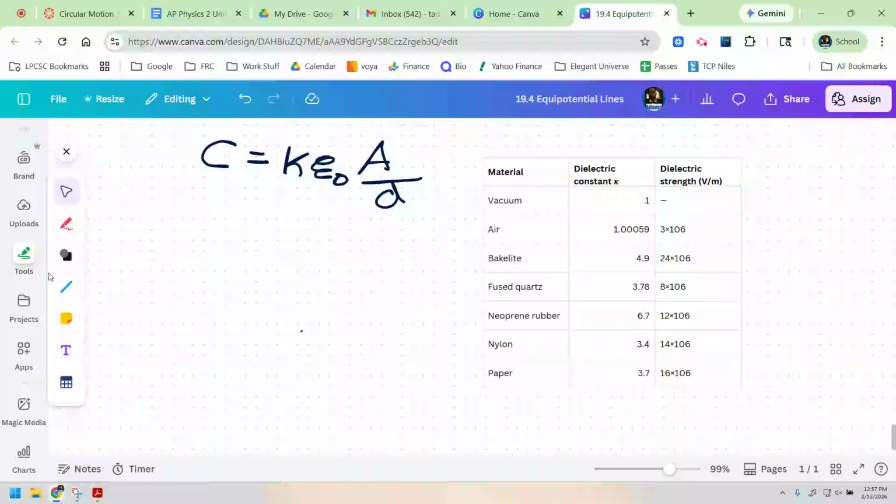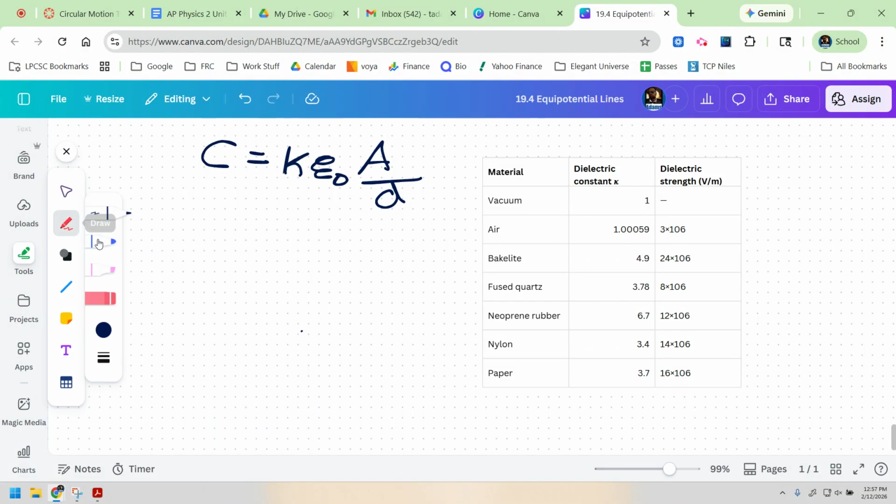So remember, you have this electric field that equals the voltage divided by the distance between them. And so the dielectric strength would be the maximum electric field you could have. Okay?